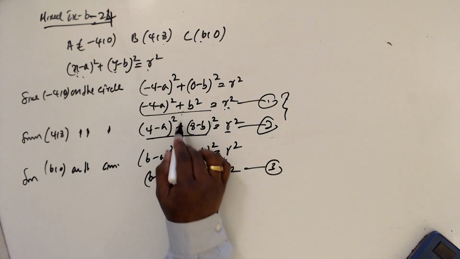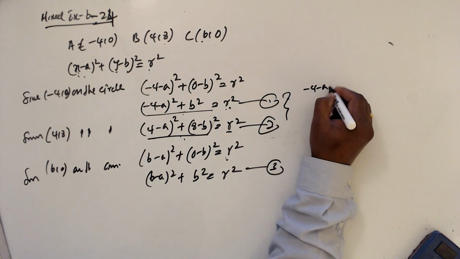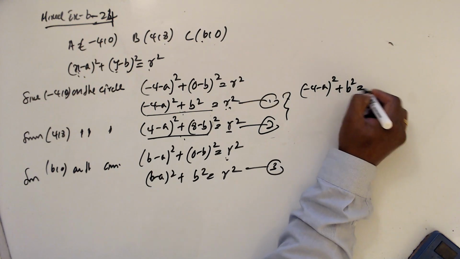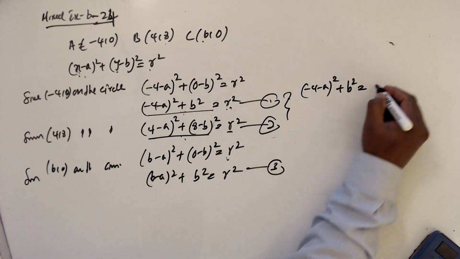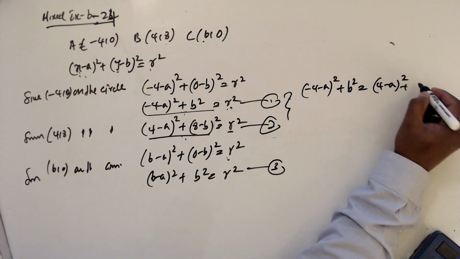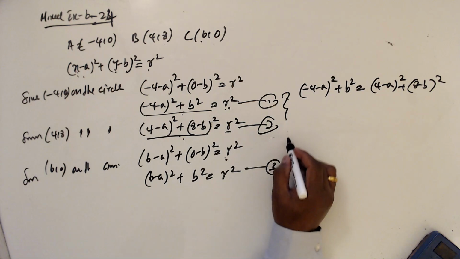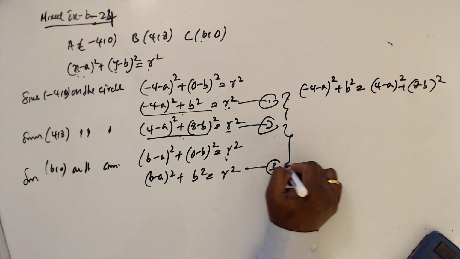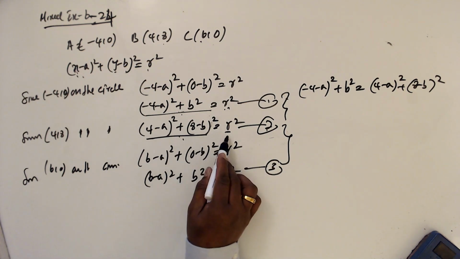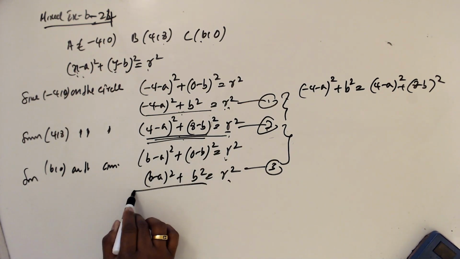So I can make those two equal. (−4 − a)² + b² = (4 − a)² + (8 − b)². Now this is 1 and 2. 2 and 3 are still the same: r² equals this one, r² equals this one.